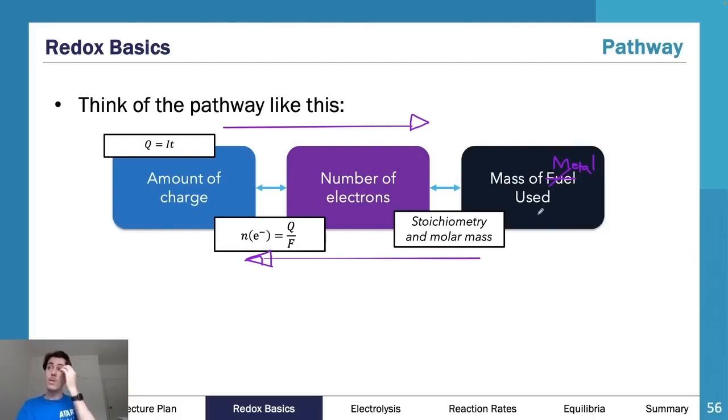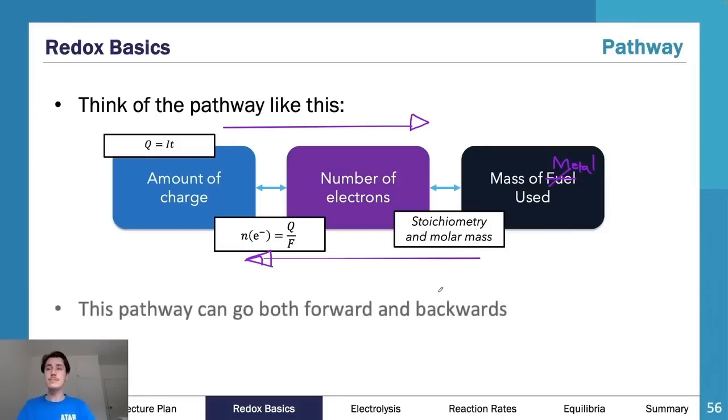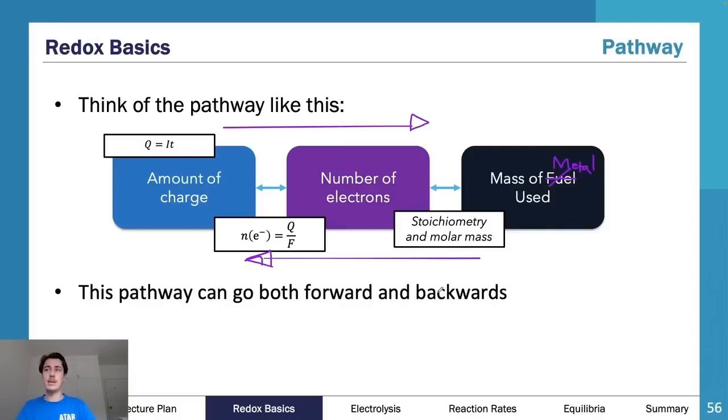You can get your mass of metal and determine how much charge was given, or you can determine the amount of charge that was given and the mass of metal that was deposited. It's important to understand that it can go both ways. This is not just a one-way pathway. You need to know left to right, and you need to know right to left. You cannot just think it's always going to go one way. So this pathway can go forward and backwards, and it's super important you practice this both ways.